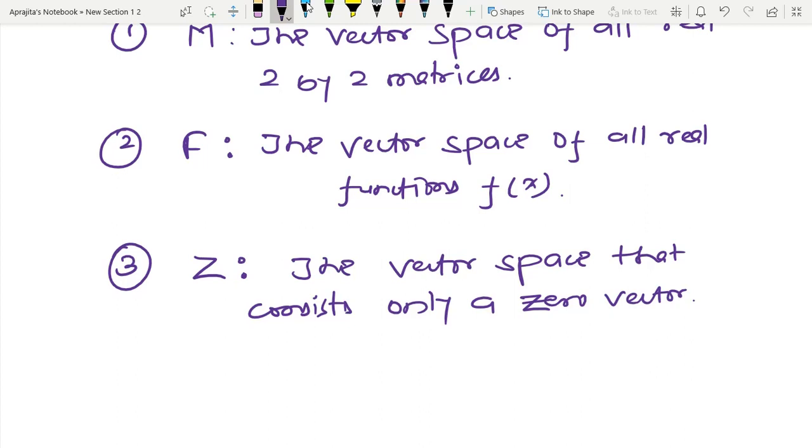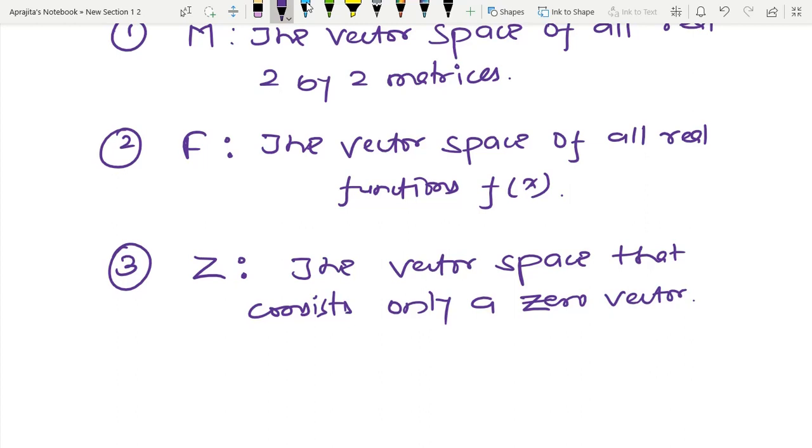So in the first example, M, the vectors are really matrices. In F, the vectors are functions. In Z, the only addition operation defined is 0 plus 0 equal to 0, because I have just a single element. So all other things are very obvious.